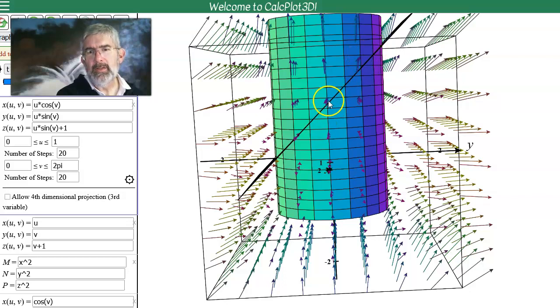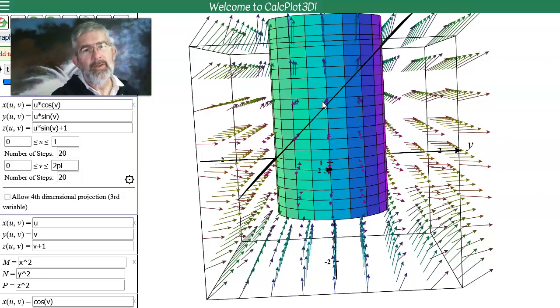But it looks to me like there's probably more up than down. So I'm expecting a positive result here, although the result depends on my choice of normal vector. Am I pointing the one that goes up or the one that goes down? And that's going to determine whether I get a plus or a minus sign out of this result.